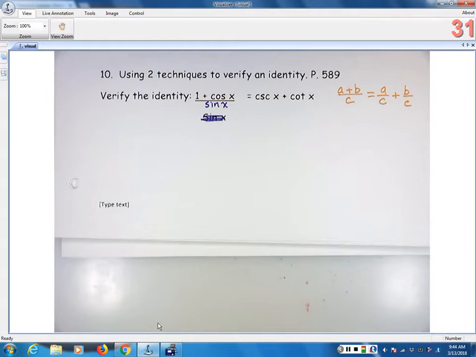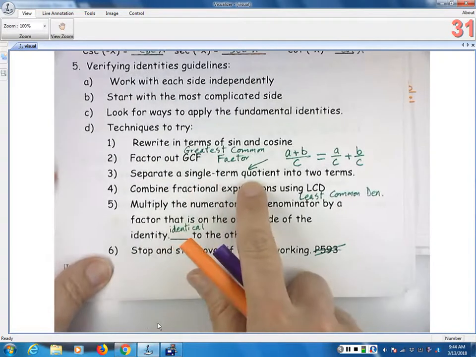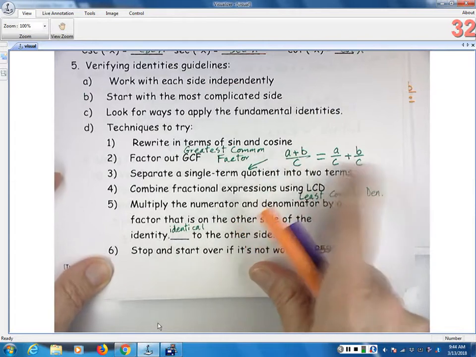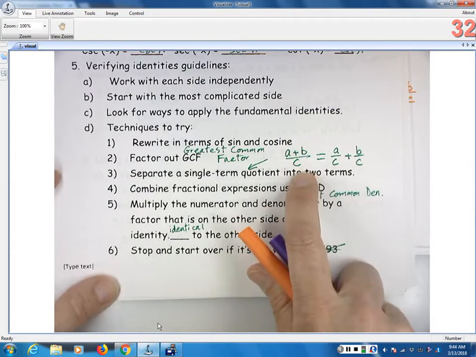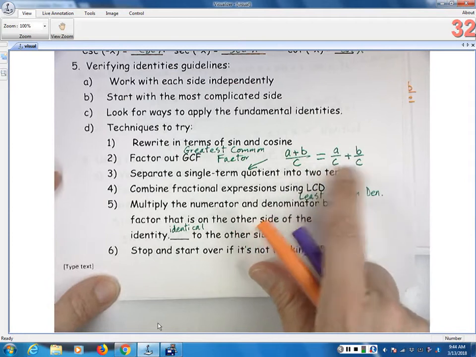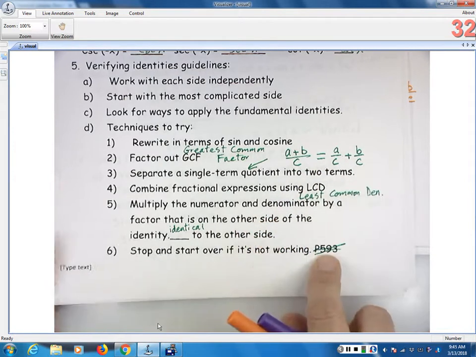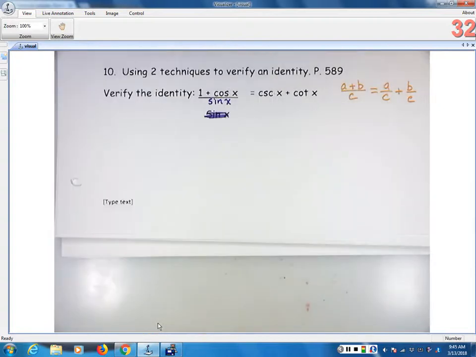So what am I using? I'm using the rule to separate a single term quotient into two terms. A plus B over C equals A over C plus B over C. And you can see the filled-in notes. That's the first step.